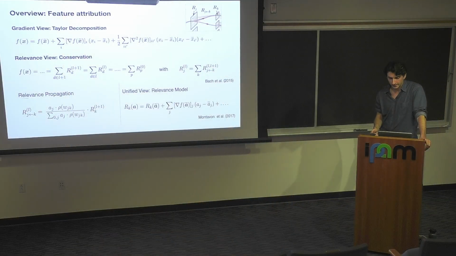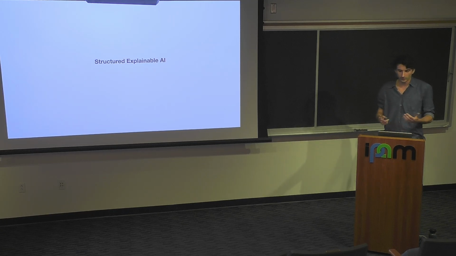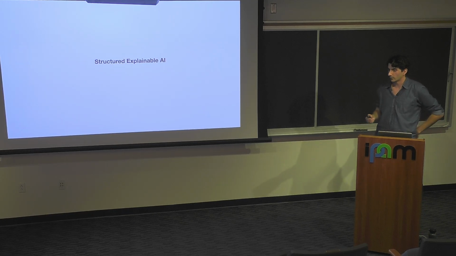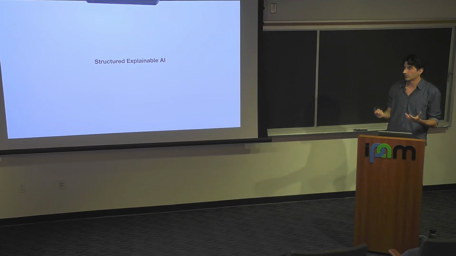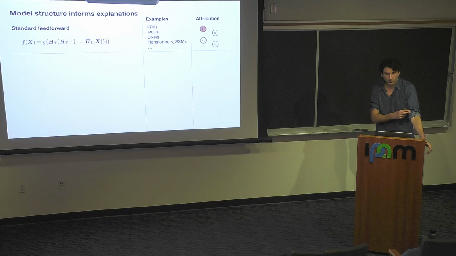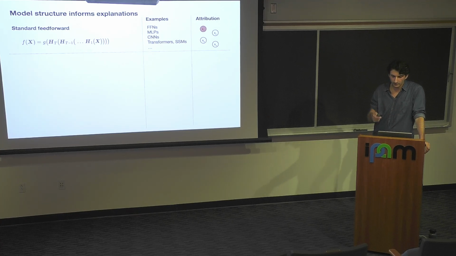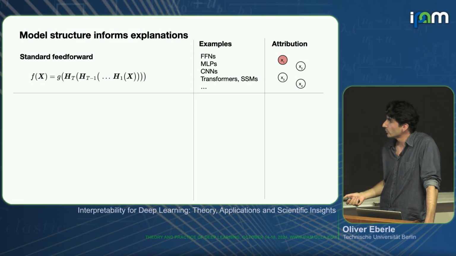So yeah. Okay. So that's it for feature attribution. Now we are going into structured explainable AI, where this idea of neurons in isolation is revisited. What we found, especially throughout the last, let's say, 3 to 4 years, is that this heat map view is useful, but also limited.